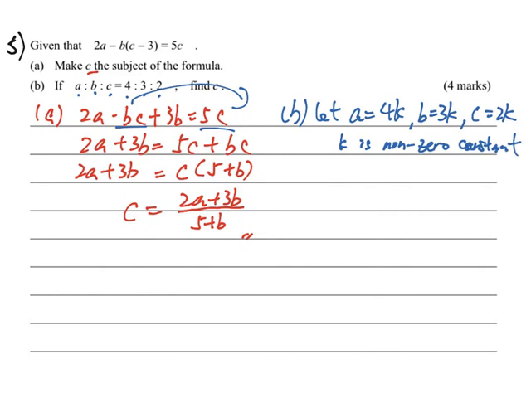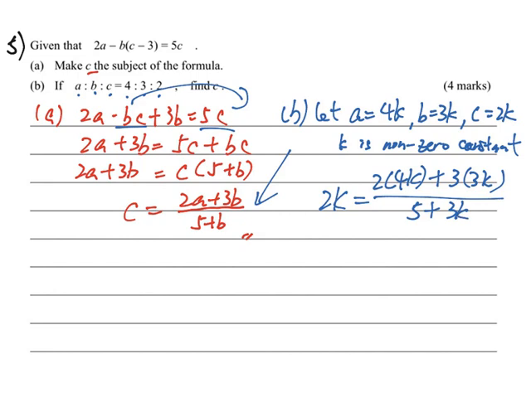Then we'll substitute all a, b, c into part A. So c is 2k, so 2k like this, and then 2 times 4k plus 3 times b, which is 3k, and then 5 plus b, which is 3k, like this.